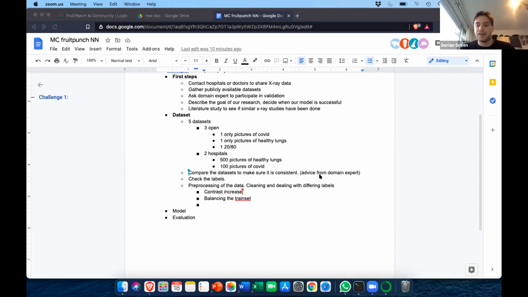And then to come back to comparing the data sets, that's where we had a big discussion, because if for example the data set with only pictures of COVID has just a little bit of a different color than, for example, the data set with the healthy lungs, then we don't want to just combine these data sets, because our model is then going to learn that different color stands for COVID, and that's not what we're trying to find.